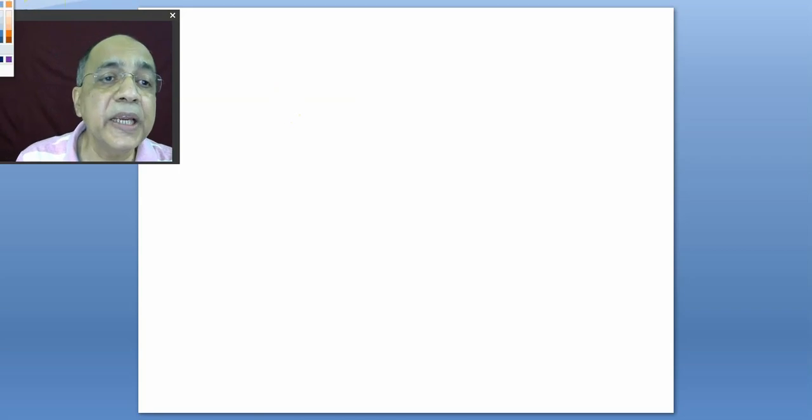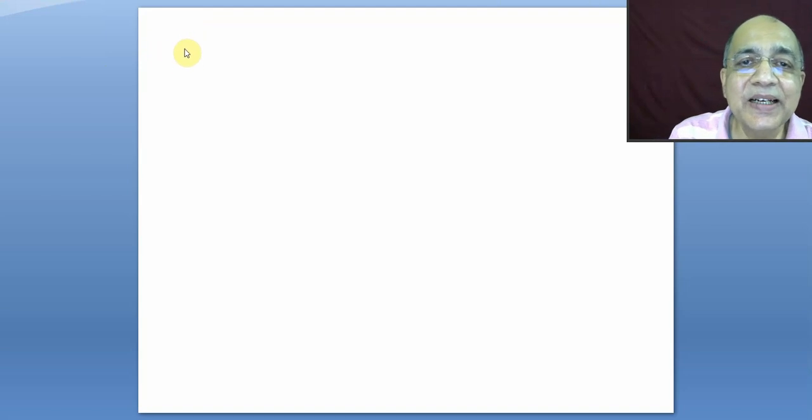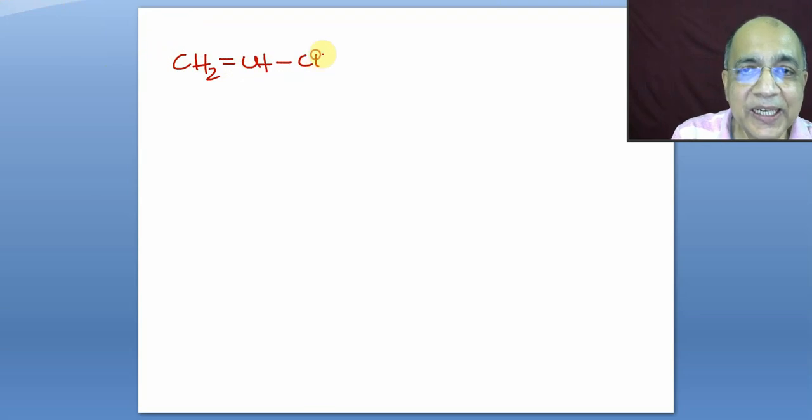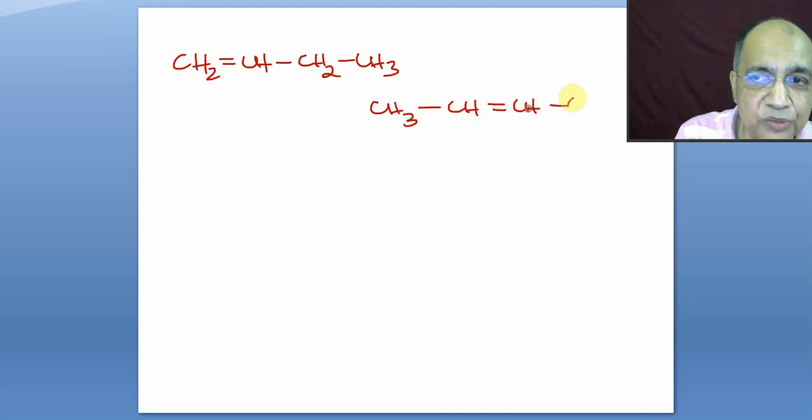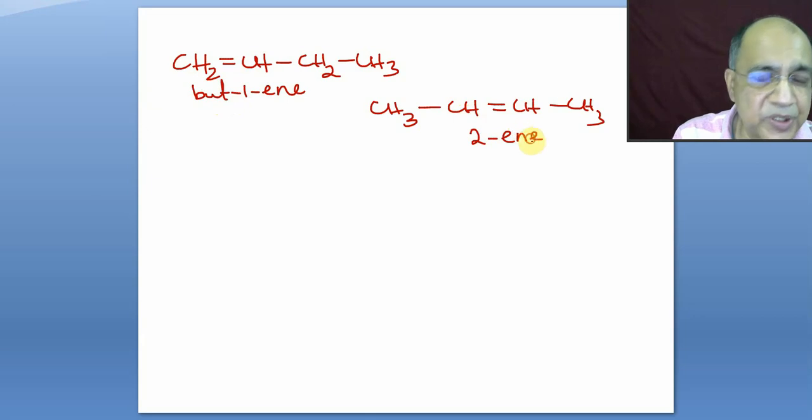Supposing I take, say, but-1-yne and this is but-2-yne. Tell me, these are structural isomers. Their names are different. This is 1-yne, this is 2-yne. So they are structural isomers.